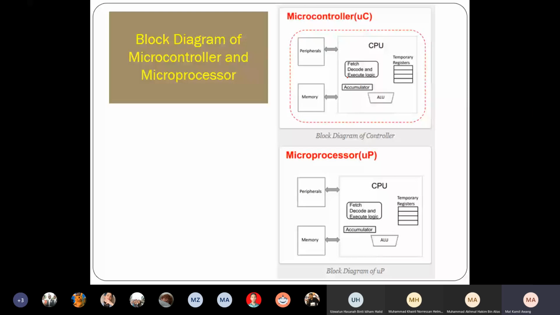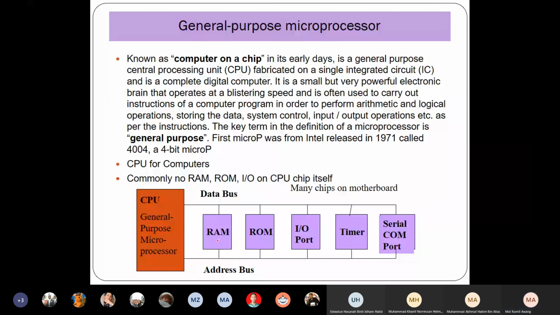So you have the CPU, the microprocessor here. Then you have the data bus and address bus, connected to the RAM, the ROM, IO ports, timer, and serial ports. So there will be that many chips on board.